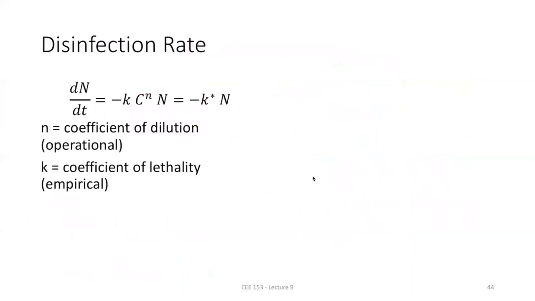Now that you know the disinfection rate is dN over dt, before I always write dN/dt = -k* N. That's a first order reaction, so I'm just putting a star here. What that means is the rate of change of the concentration of pathogens in the system is a function of the concentration of pathogens times the rate constant.